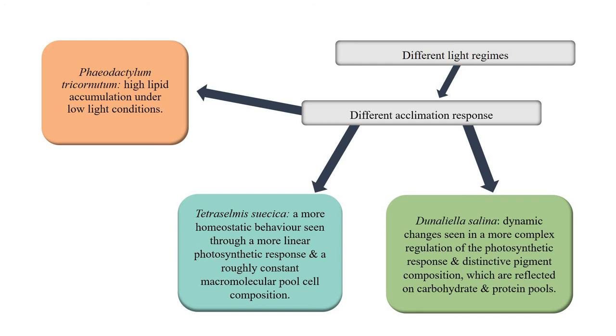Additionally, along with the amount of chlorophyll a that changes under low light, Dunaliella salina also changes the stoichiometric composition of photosynthetic subunits. And finally, this is on one side reflected in a roughly constant macromolecular pool cell composition in Tetraselmis suecica, and on the other side in changes in carbohydrate and protein pools of Dunaliella salina.